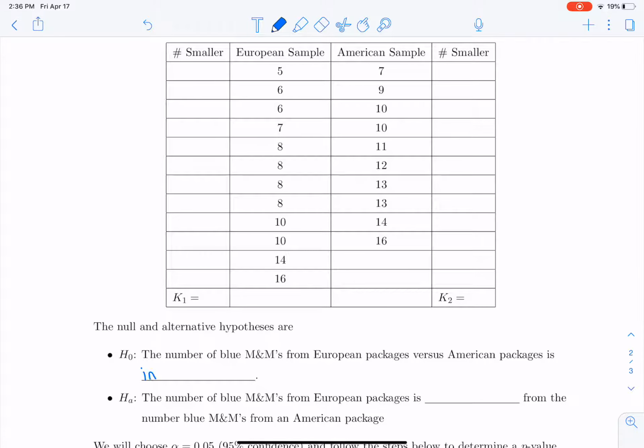It's the same. And the alternative is that the number of blue M&Ms from European packages is different from the number from American packages.